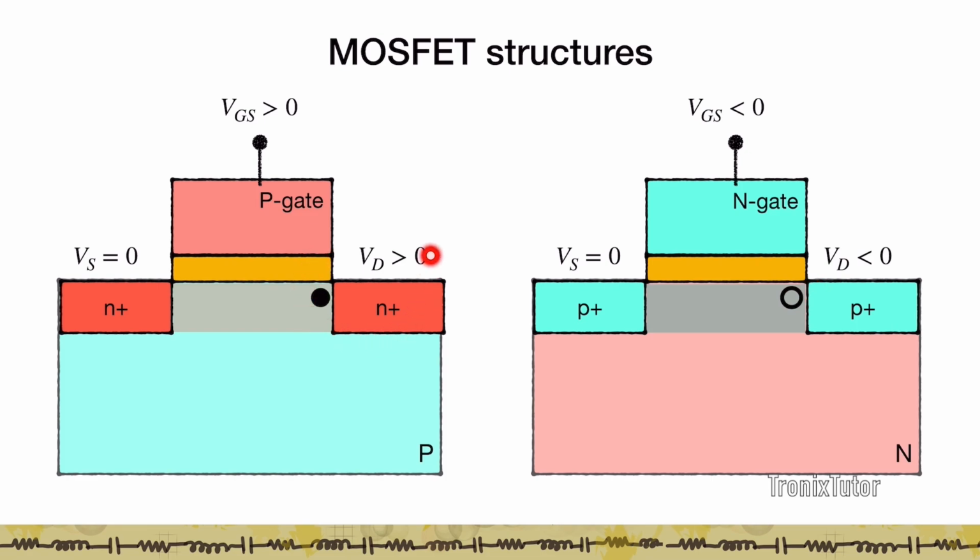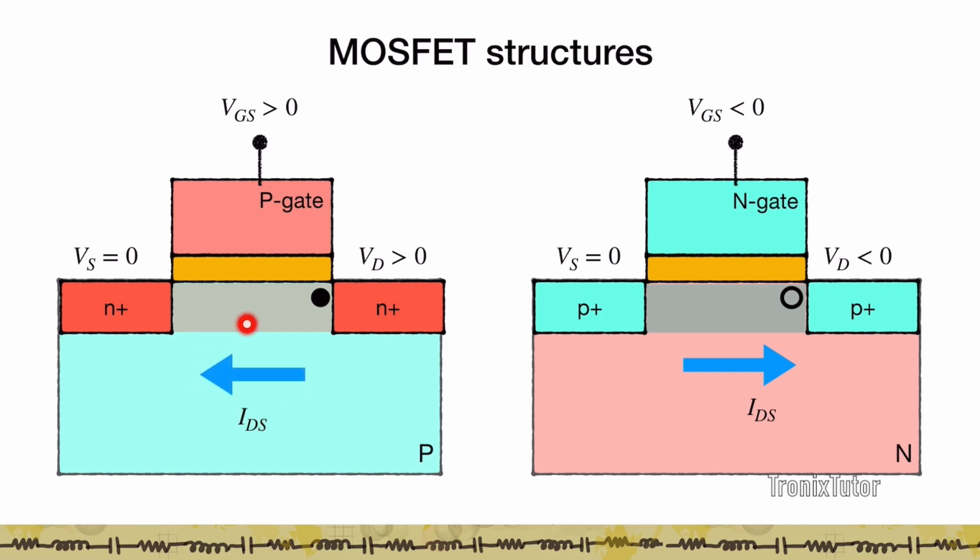In the NMOS, we apply a voltage which is greater than 0 at the drain, and therefore the electron moves from source to drain. Which means that the drain current in the PMOS actually flows from source to drain, because the hole moves from source to drain, and since the hole is a positively charged particle, the current is directed from source to drain.